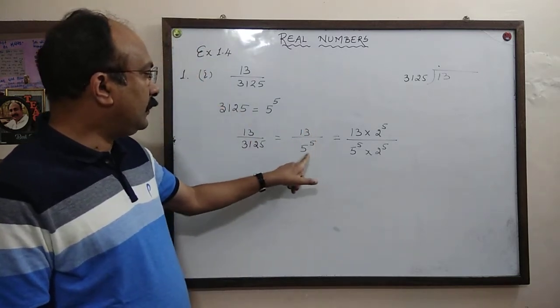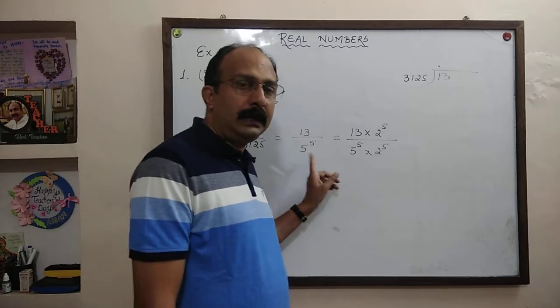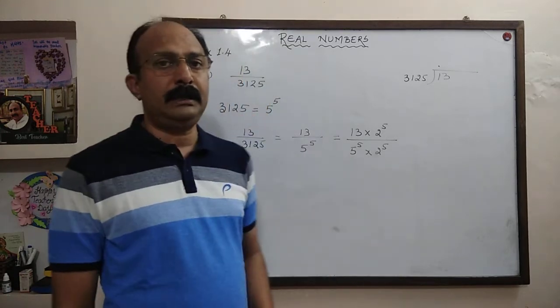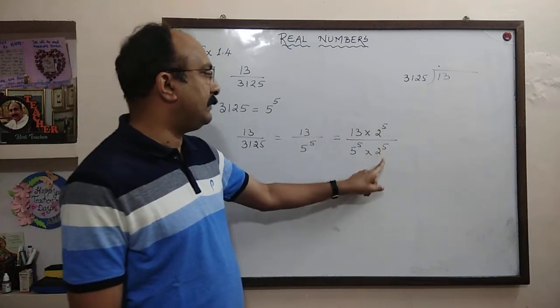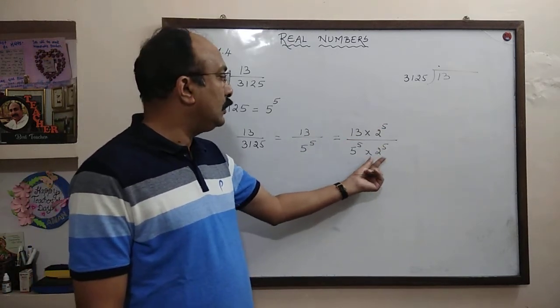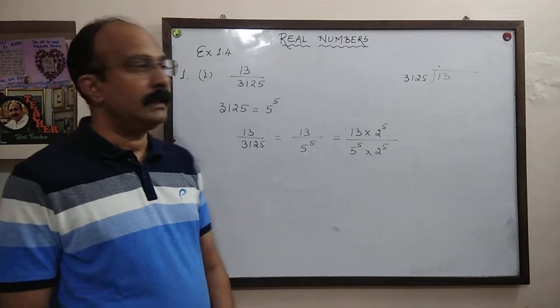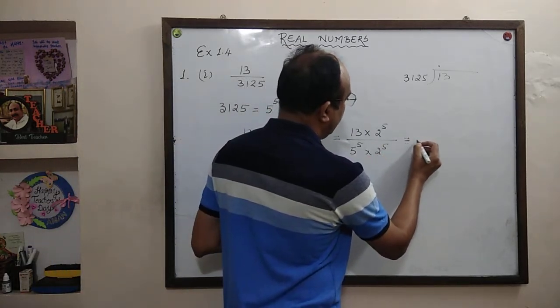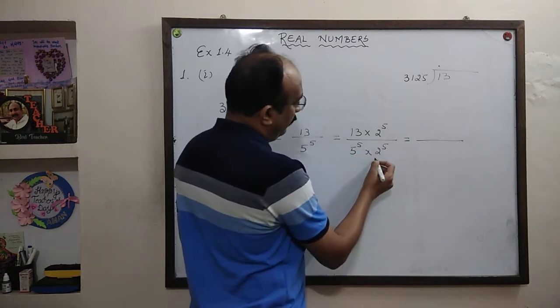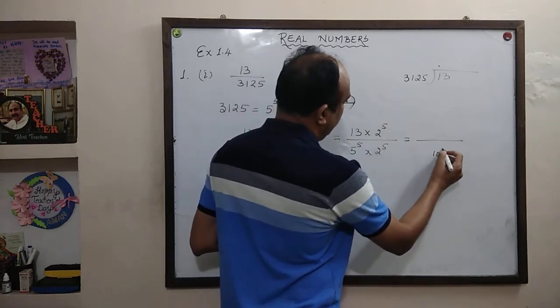Yes. In order to make the denominator as 10 power something, we are multiplying the numerator and denominator by something. Here what is that something? 2 power 5. Now the denominator is 5 power 5 into 2 power 5, which is 10 power 5.